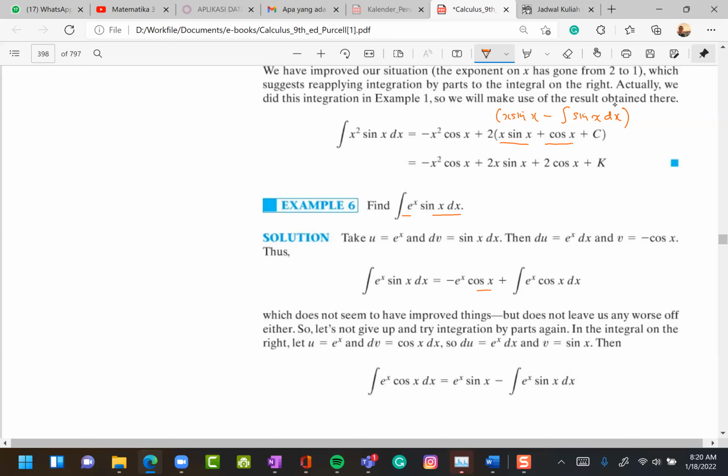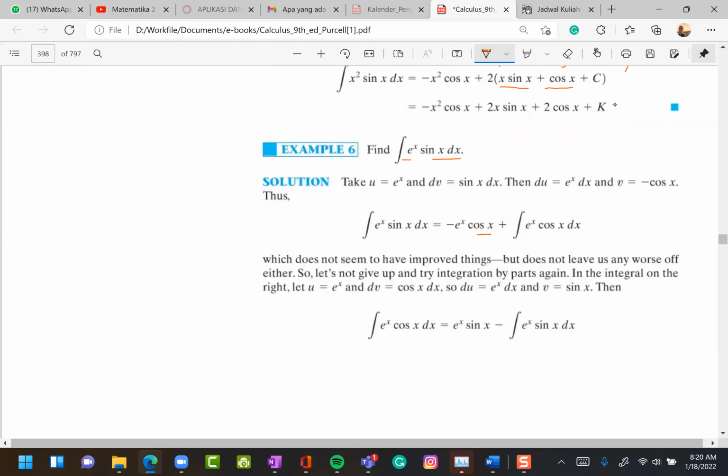Negative cosine, make this become plus e to the x cosine x. But this integral, e to the x cosine x, and the original integral are of the same level of difficulty. Why? Because this is still an exponential and this is a trig function. Sine x or cosine x doesn't matter. They have the same level.